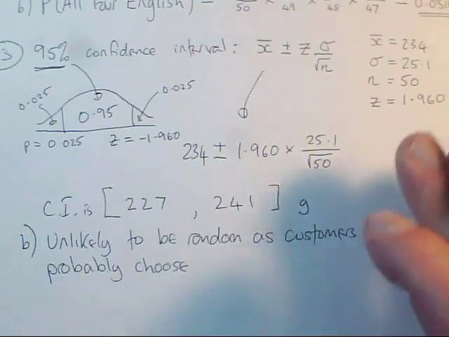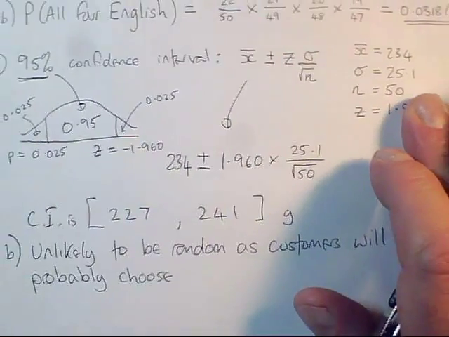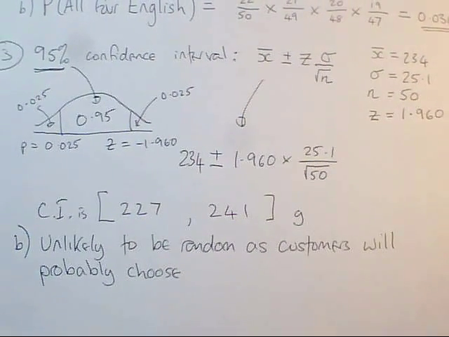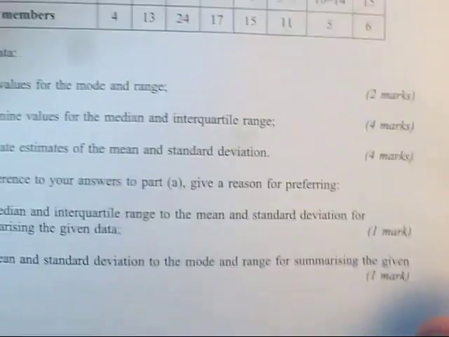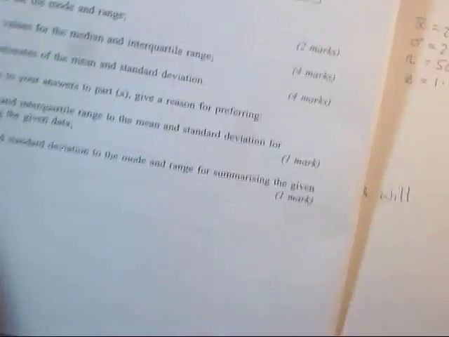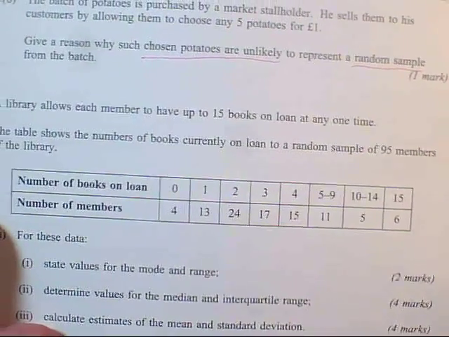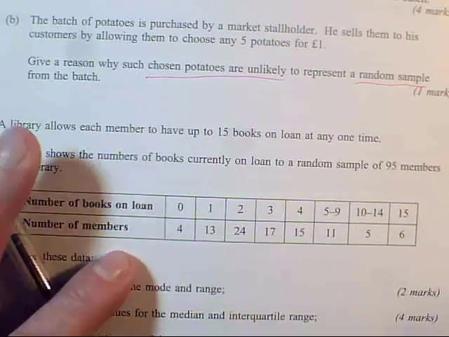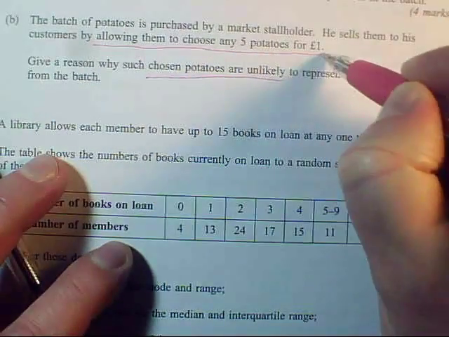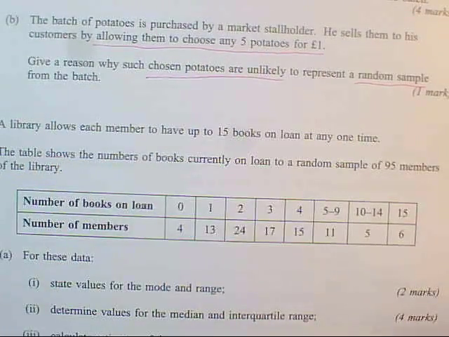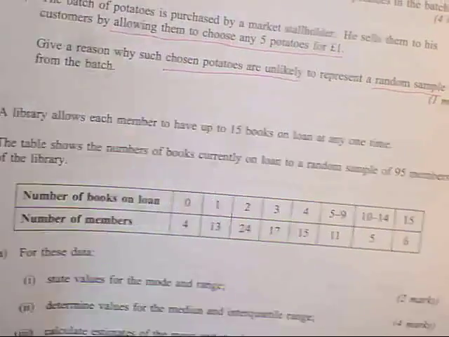Okay, so that was part A, and then in part B, I've got to say why the sample won't be random when we let the customers, where is it? They are allowed to choose any 5 potatoes for £1. So what are they going to do? They're not going to be random.